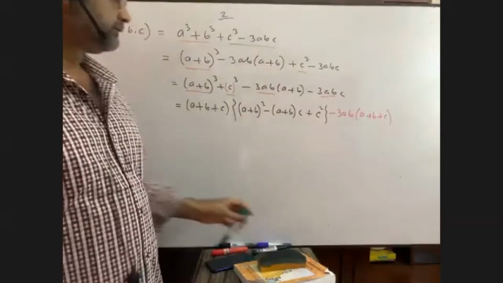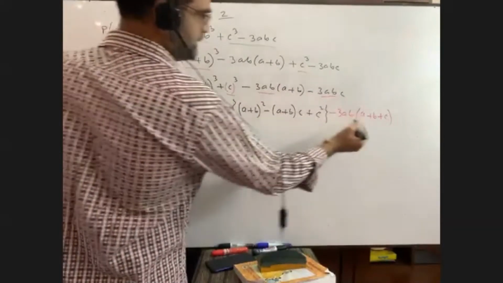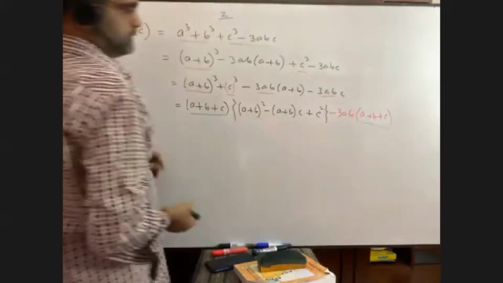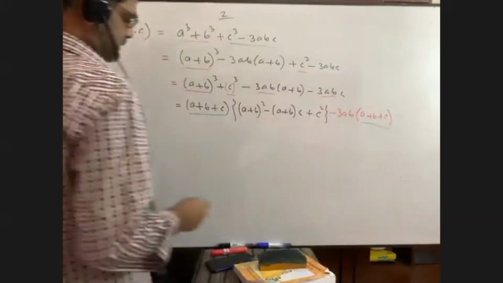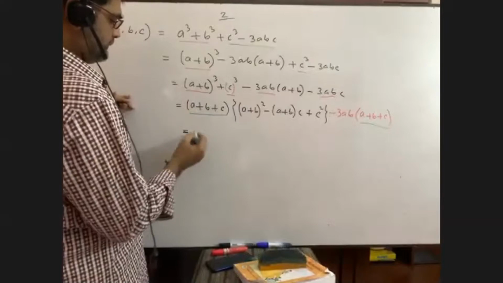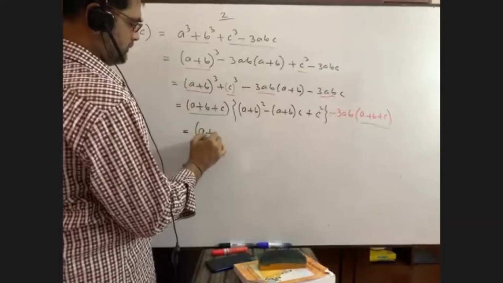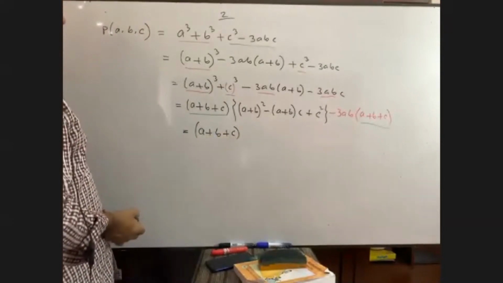Now this is a plus b plus c. This is a plus b plus c. We can take common this a plus b plus c, right? That means a plus b plus c has been taken common.